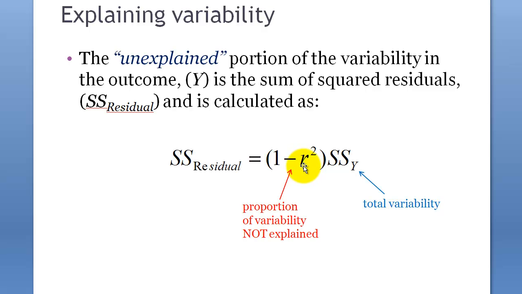Just do this: 1 minus R square, get the value and multiply that by SS y, the total variability. Then you get the unexplained portion, which you are going to call sum of squares residual.